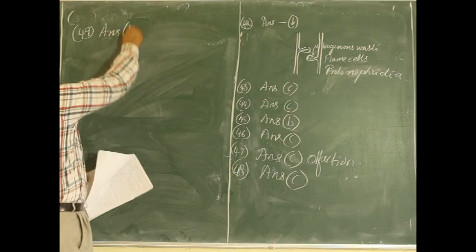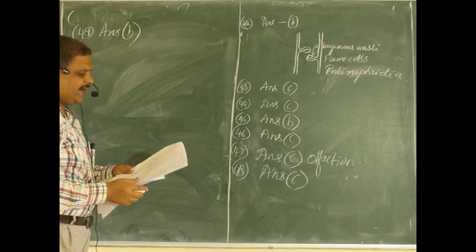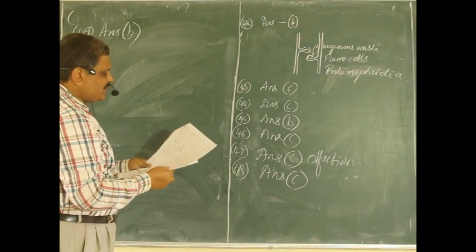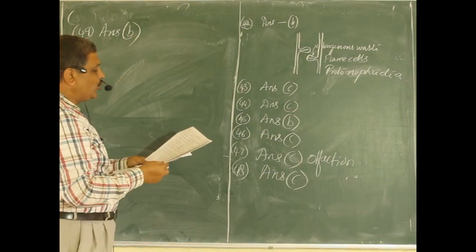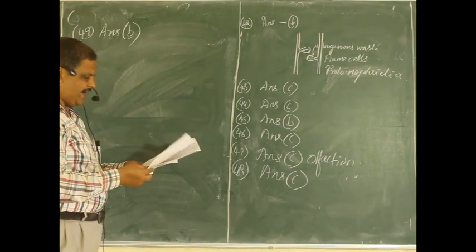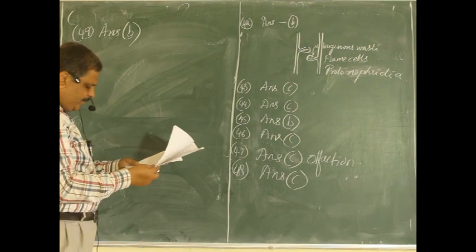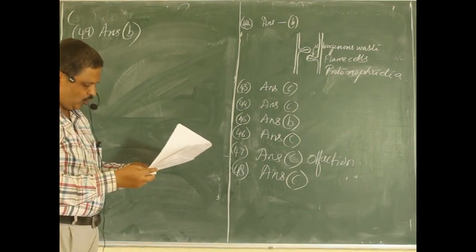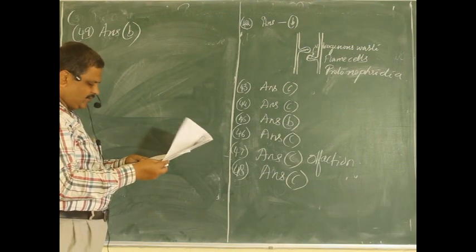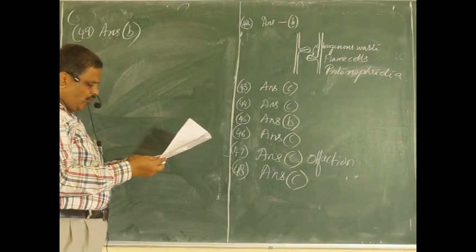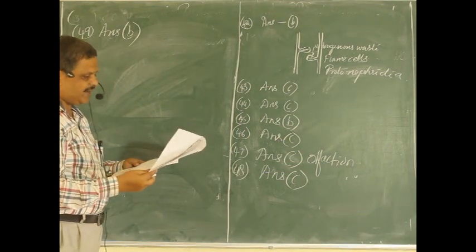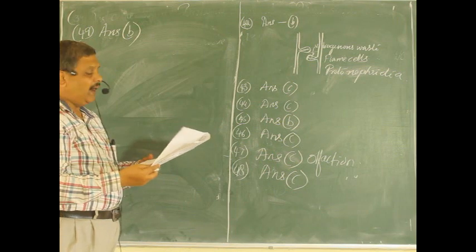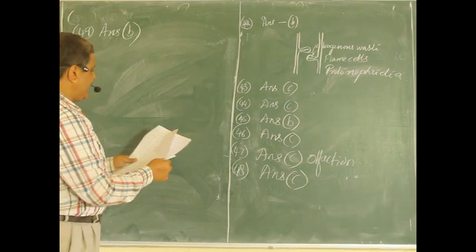Answer is B. What is B? A is correct, B is wrong. Why is B wrong? Urochordates bear vertebral column only in the tail region throughout life. Then what is the correct statement? Cephalochordates have the notochord all along the length of the body throughout life, but urochordates have notochord in the tail region in the larval stage only.